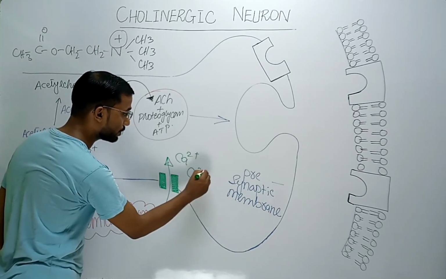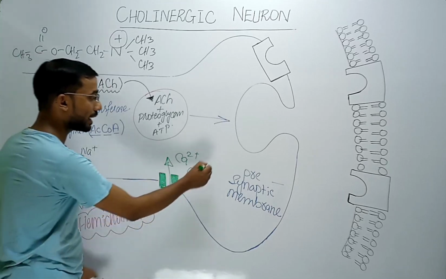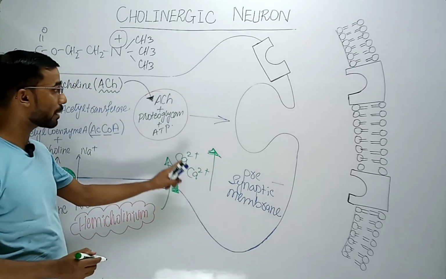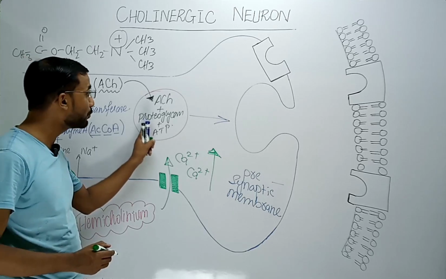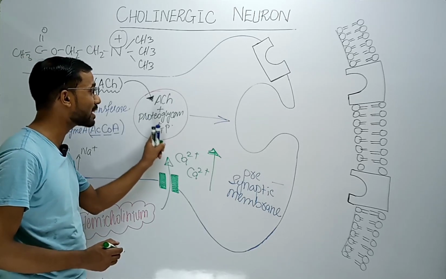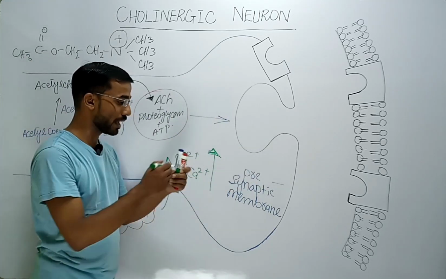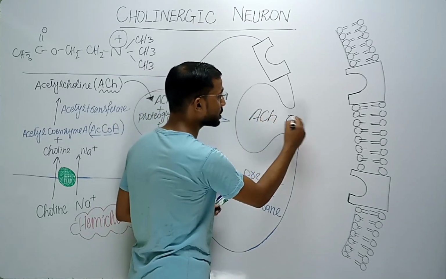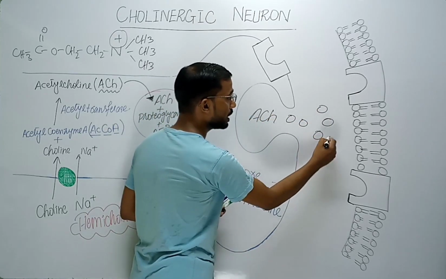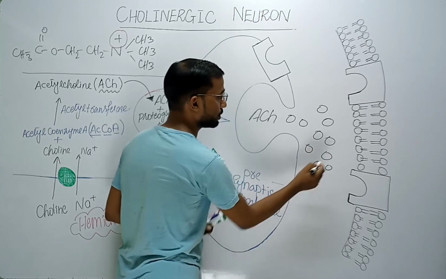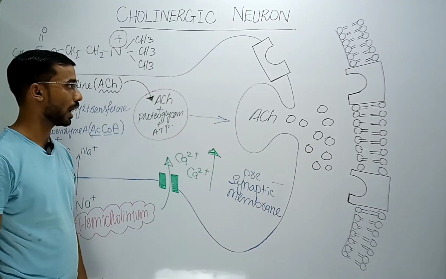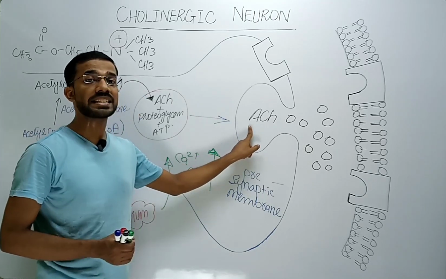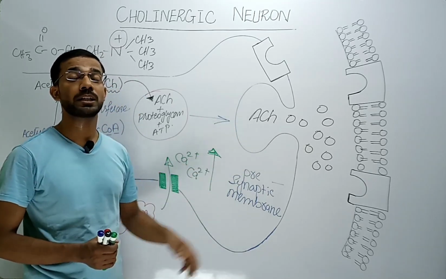Now this increase in calcium ions promotes the fusion of the presynaptic vesicle to the synaptic membrane, and ultimately you will see acetylcholine start releasing into the space. That is the important thing. But an important thing, the release of acetylcholine can be regulated by different factors.